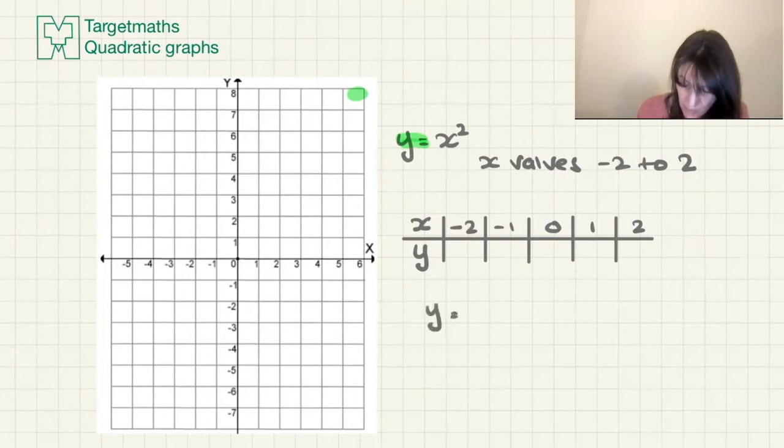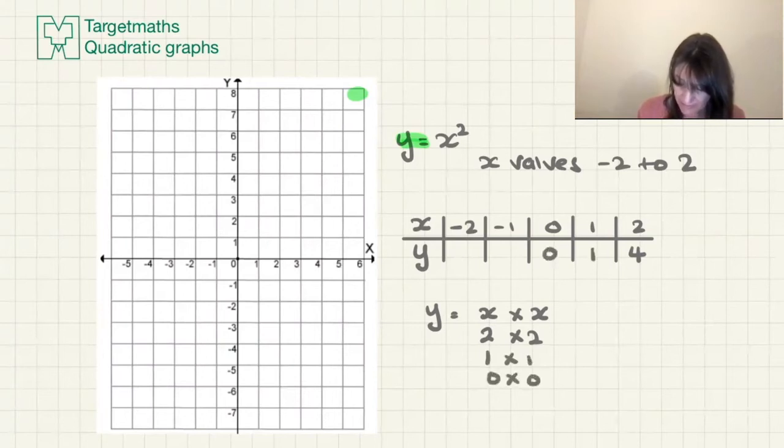Y is going to equal x times x squared. So when x is 2, it means I'm going to put 2 here. I've got 2 times 2, which is 4. I've then got 1 times 1, which is 1. 0 times 0, which is 0.